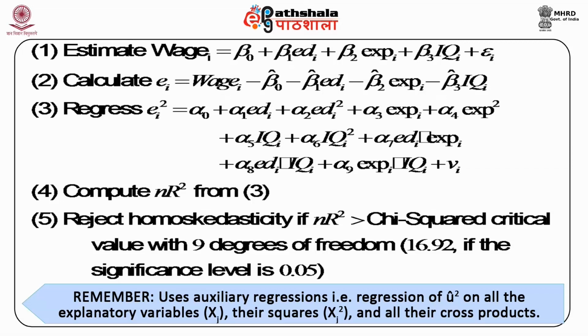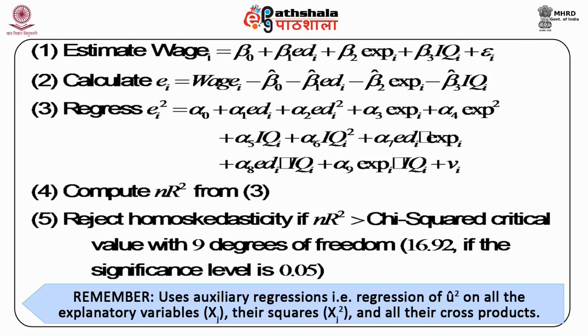First, regress wages, the dependent variable, on education, experience, and IQ level as explanatory variables, get the usual OLS results, and obtain the residuals, as shown in equations 1 and 2. However, with the same problem associated with cross-sectional data, the possibility of heteroscedasticity is higher here.